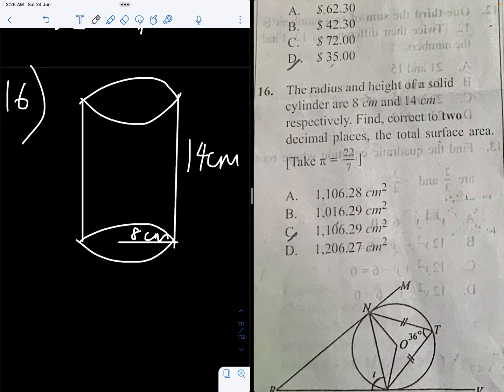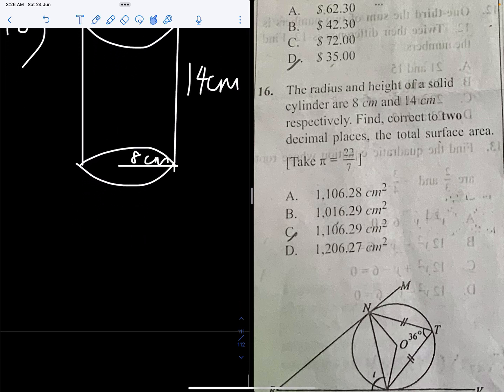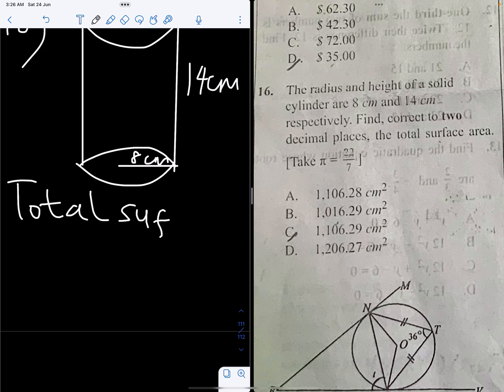All you need is the formula for the total surface area of a cylinder. Total surface area equals 2 pi r h plus 2 pi r squared.